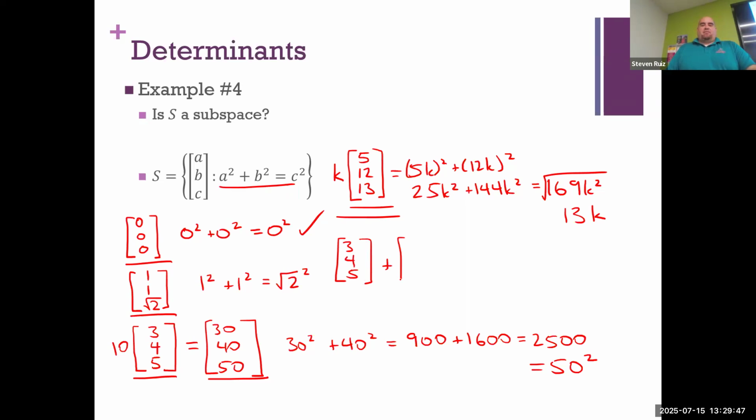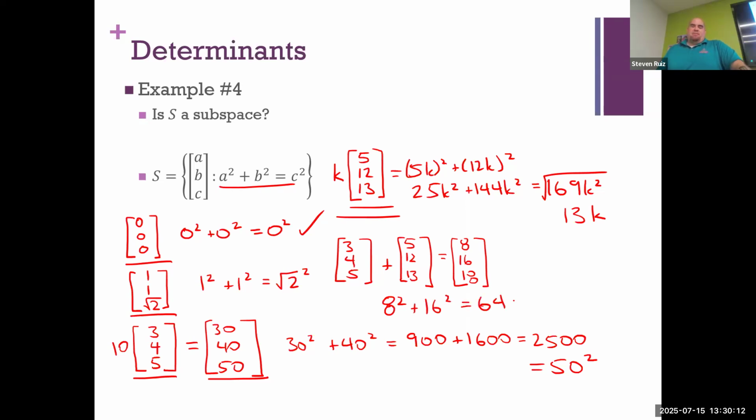Three, 4, 5 plus 5, 12, 13. And I get 8, 16, 18, which you're saying does not meet my Pythagorean theorem. So 8 squared plus 16 squared.